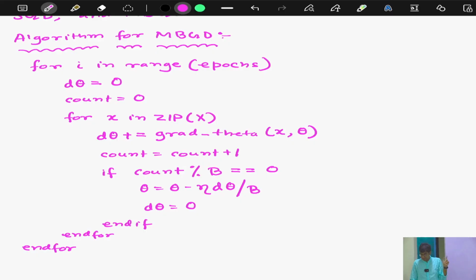Now, here what are the terms that we have not discussed? One is epoch. What does epoch mean? Those who have done a course on optimization probably know about iteration, but is epoch iteration? Is epoch not iteration? If not, how is epoch related to iteration? Are they two distinct things? We have not discussed.